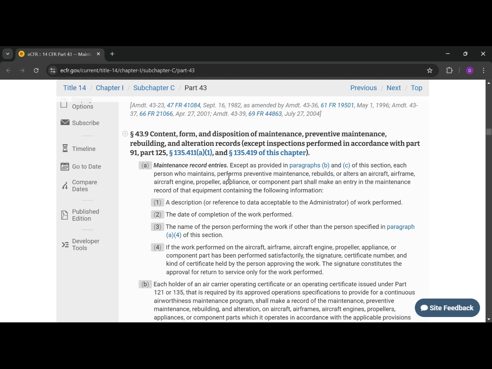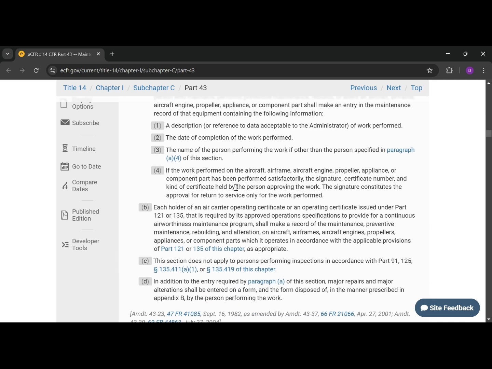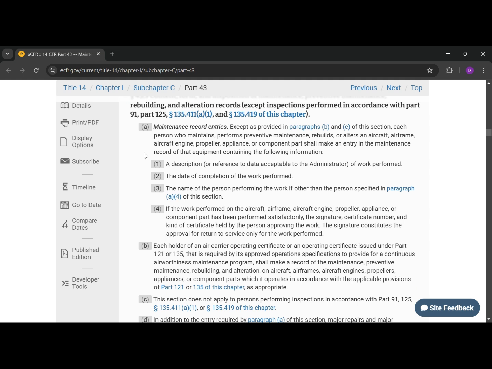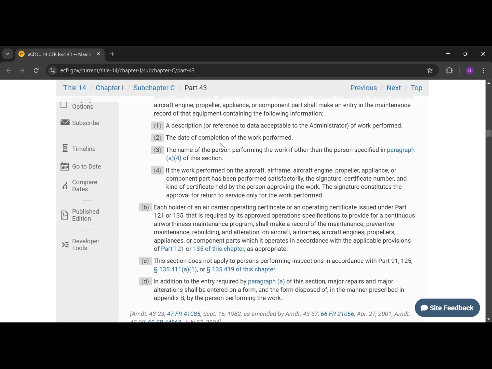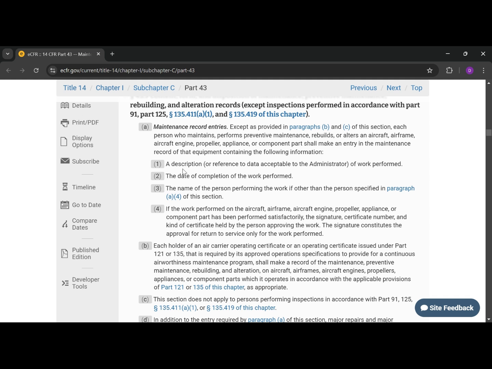Each person who maintains, performs preventive maintenance, rebuilds, or alters an aircraft, airframe, aircraft engine, propeller, appliance, or component part shall make an entry in the maintenance record of that equipment containing the following information. So you have to maintain records and enter maintenance records into logbooks for these things, and this is what has to be put in that record.